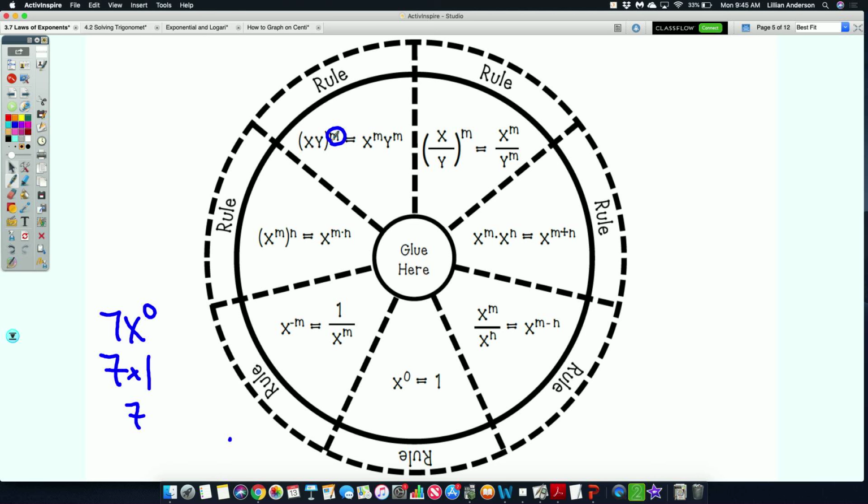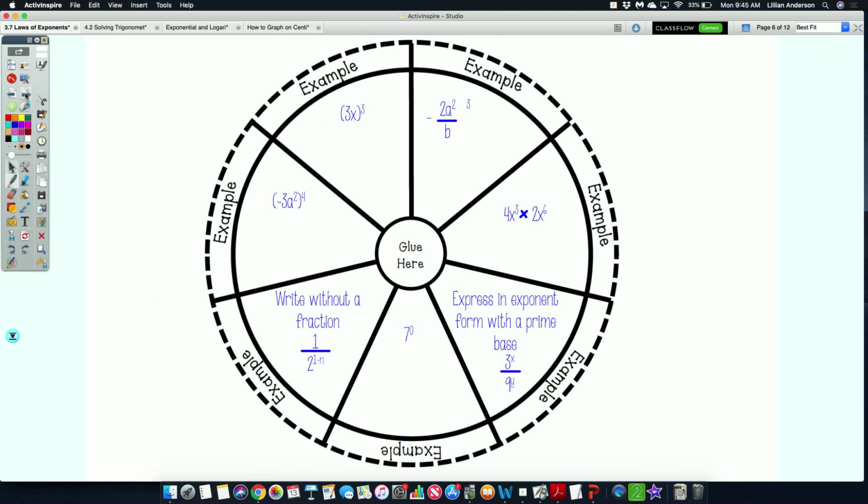Your product rule, whenever you have the same base and you're multiplying, you add your exponents. Your quotient rule, when you're dividing, you subtract. You guys remember this? With the fractions, the power applies to both the numerator and denominator, so on and so forth. Let's take a look at a few examples.